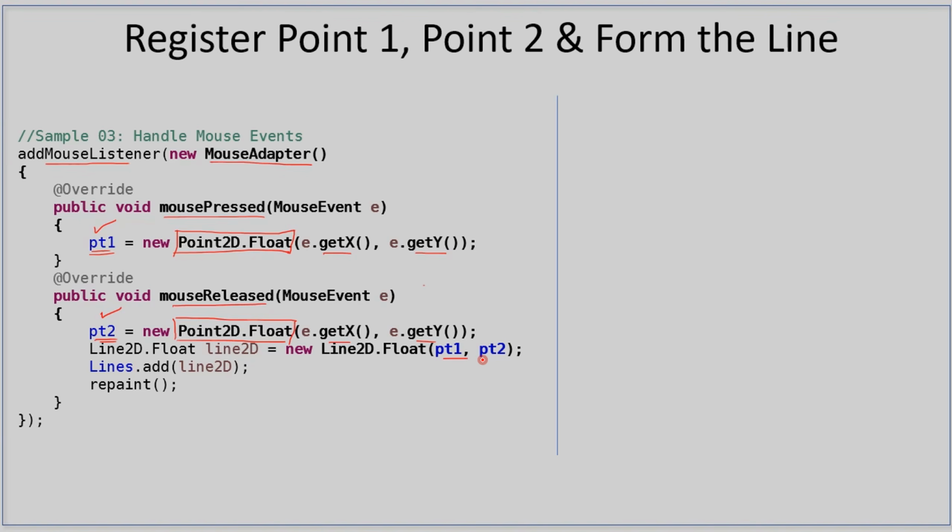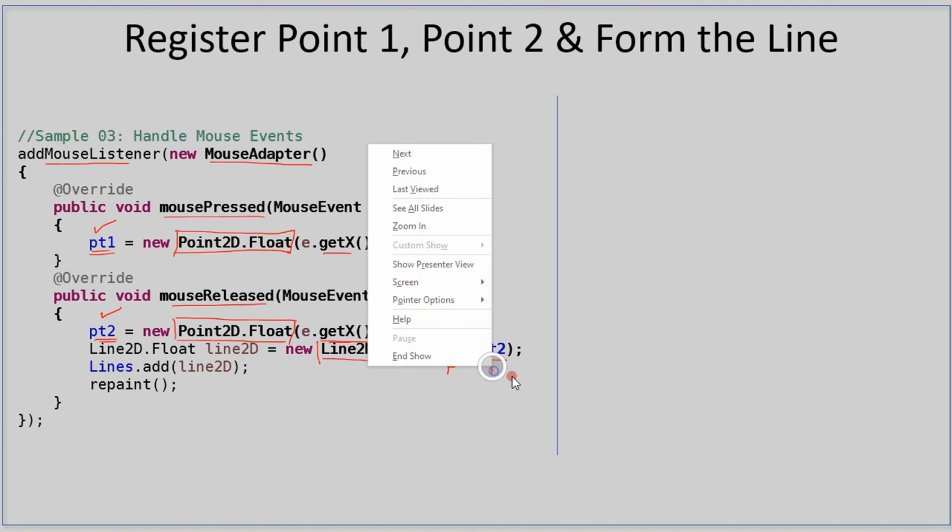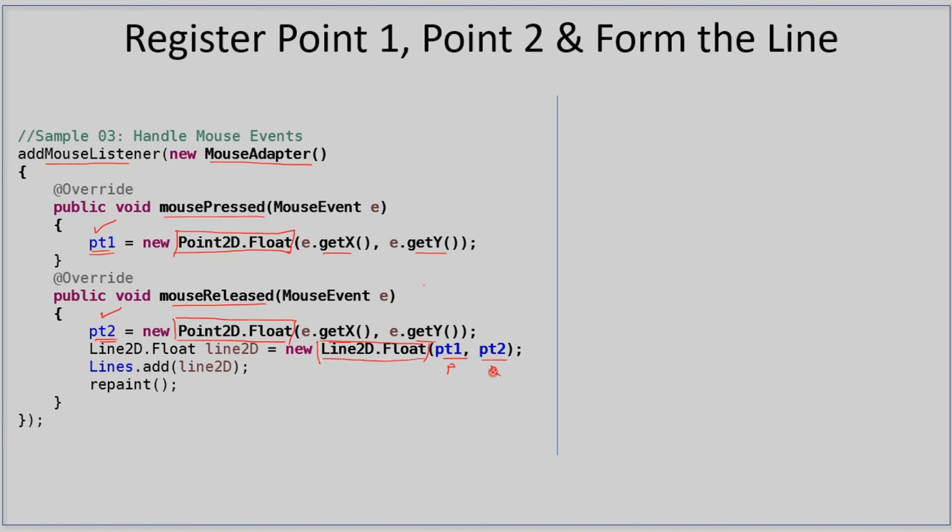Using this PT1 and PT2, we construct a Line2D. Here if you see, this is Point2D float, here it is Line2D. We are constructing a line object using these 2 points. One is captured at mouse pressed and another one is captured at mouse release.